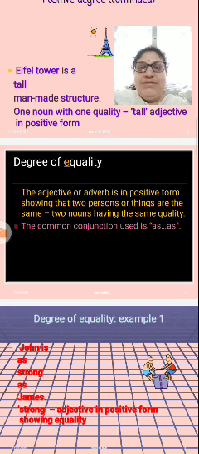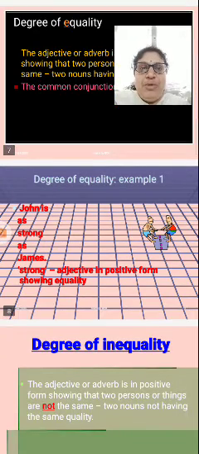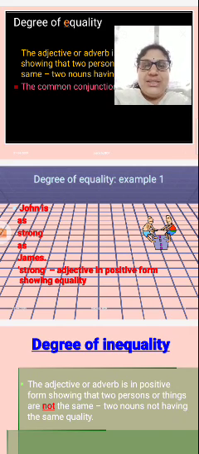Two nouns having the same quality. So the common conjunction used is as. We will take the help of the conjunction in the degree of equality and then we will make the sentences.